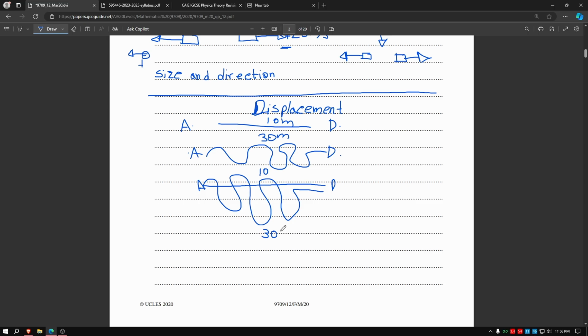So distance matters. Why? Because let's just say the amount of path you traveled is the distance, and the displacement is the amount of actual ground you covered, right?